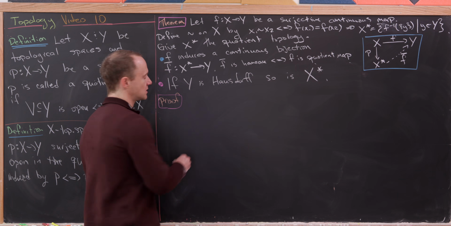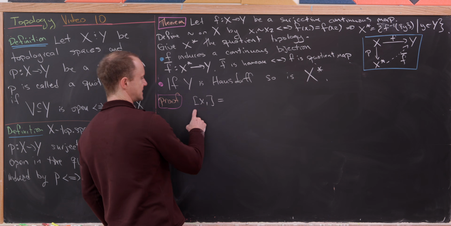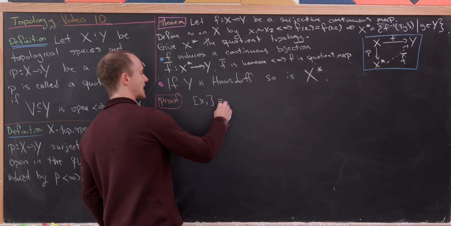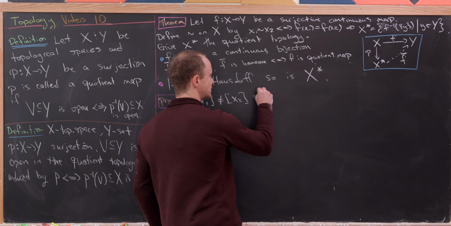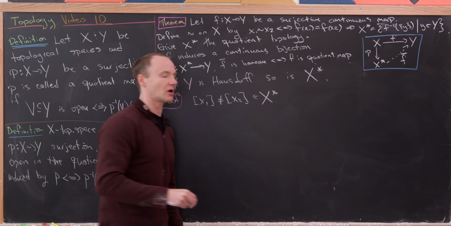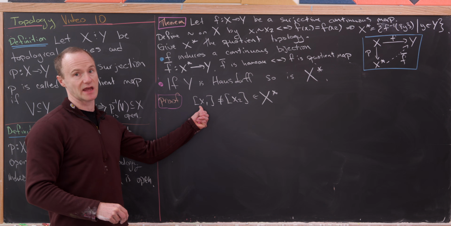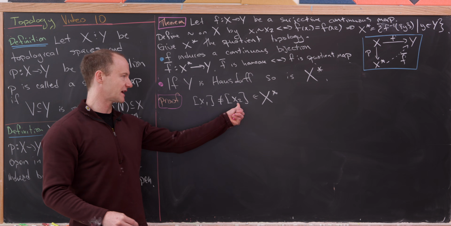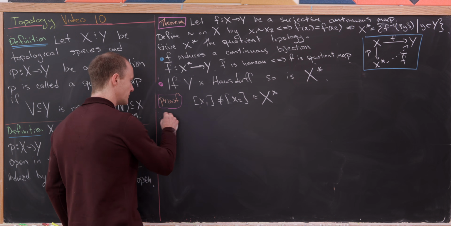Okay, so let's take the equivalence class built from X1, which is not equal to the equivalence class built from X2 inside of X star. And what we want to do is find two open sets, one that contains this equivalence class, one that contains the other, and they do not overlap. But how can we do that?